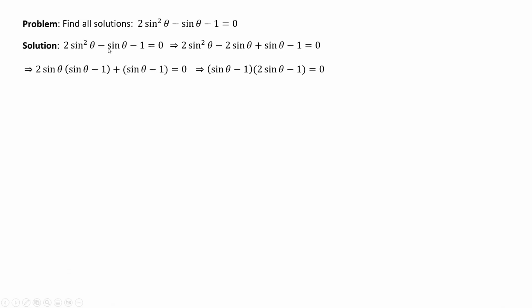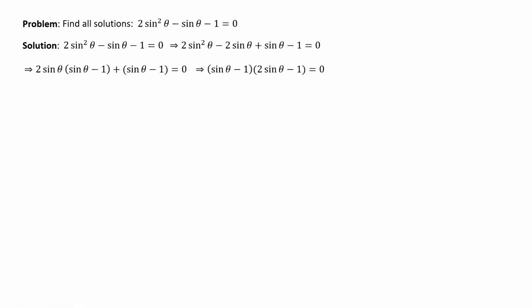Would you agree that minus sine theta is the same as minus 2 sine theta plus sine theta? If we add these two things, would we get back this middle term, minus sine theta? So that's what I did. I split this middle term, minus sine theta, into minus 2 sine theta plus sine theta.